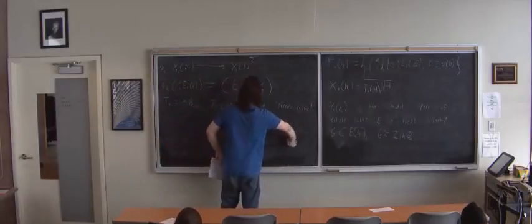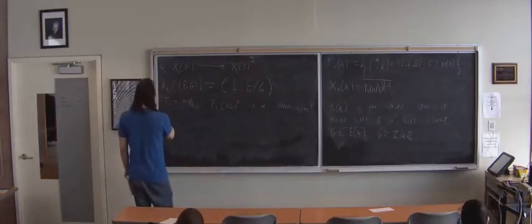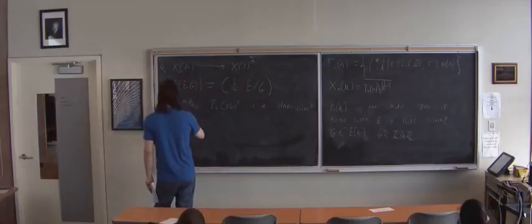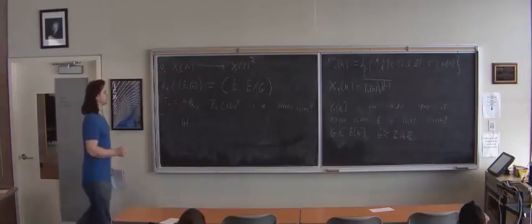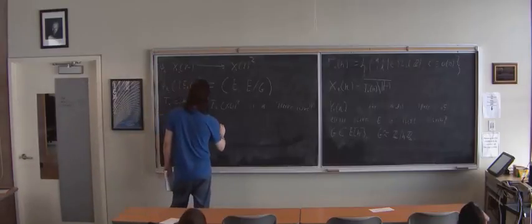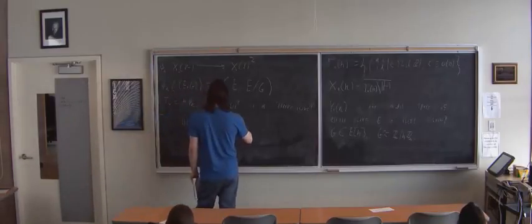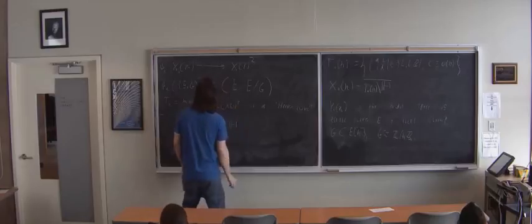One nice way to look at this is the map on the uniformizing spaces. You can look at the map from the upper half plane to the upper half plane squared.